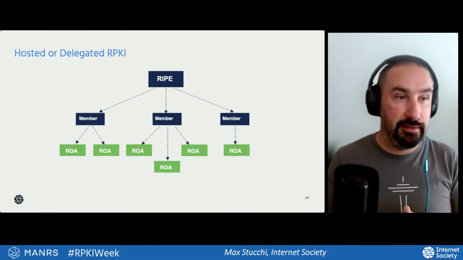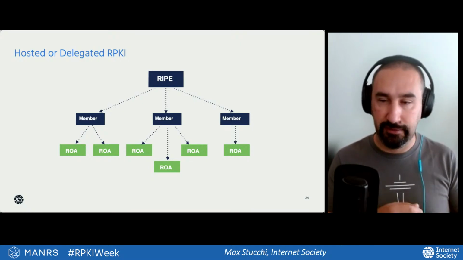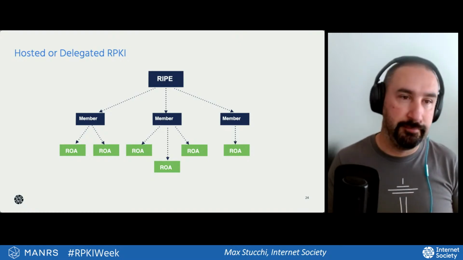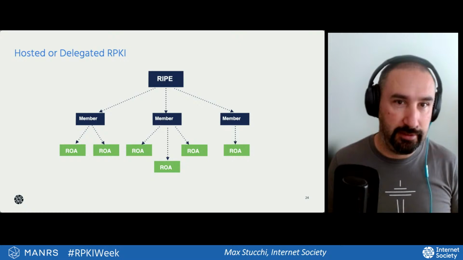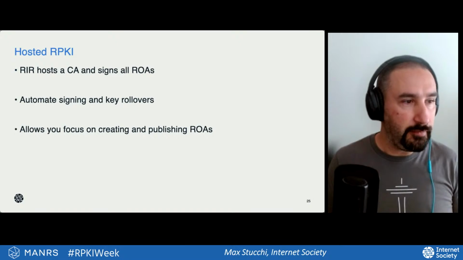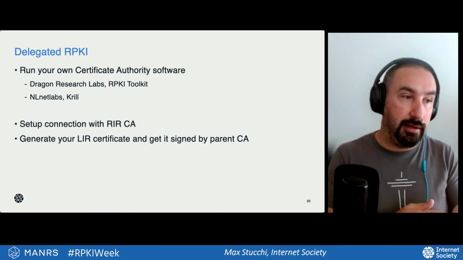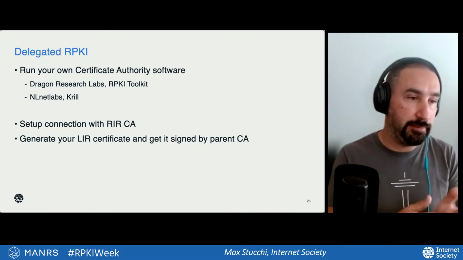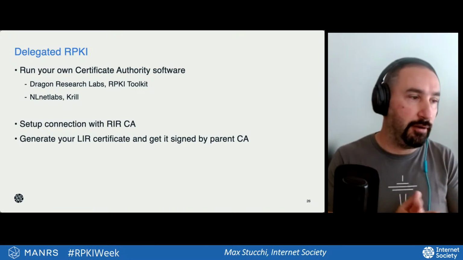But if you are a network that has different allocations in different regions, if you change things very often, then you might want to go for what's called delegated RPKI, which is a situation where you run your own certificate authority software. There are two implementations available nowadays. One is from Dragon Research Labs called the RPKI Toolkit or RPKI.net, and Krill from NLnet Labs.